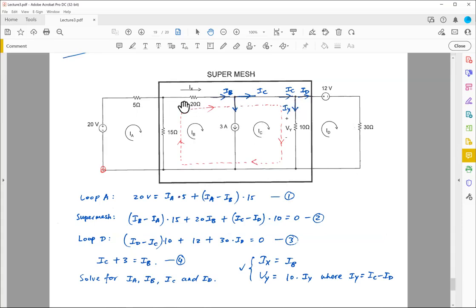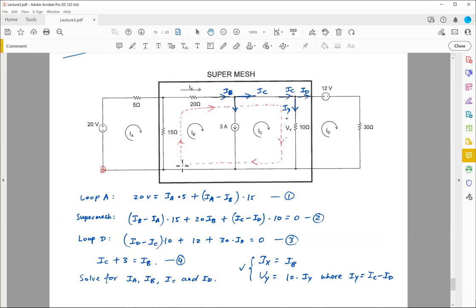You are going to move on to the neighboring loop, to the next loop, which is IC, right? Because you know that this current source is common to both IB and IC. So now my super mesh consists of IB and IC, not just IB or IC. This super mesh consists of IB loop and IC loop.